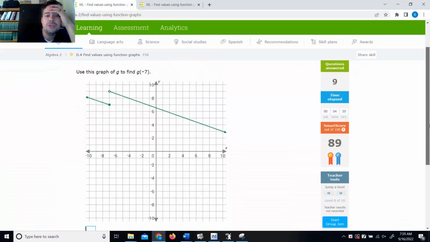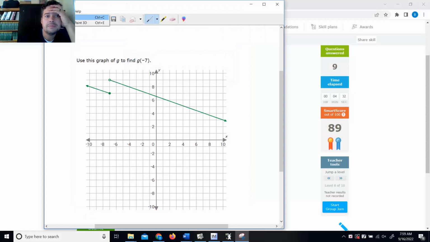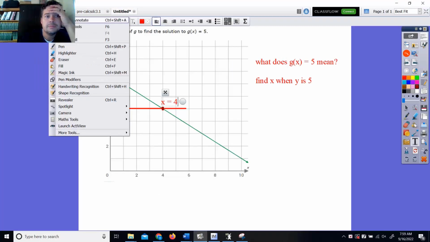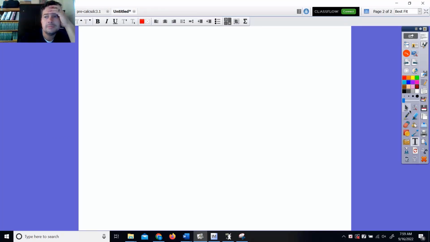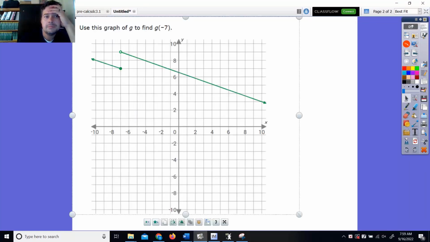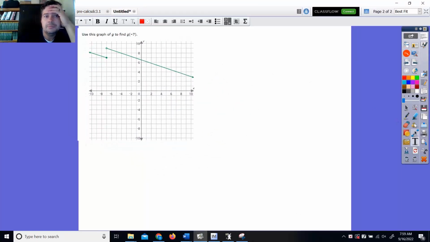More piecewise. g of negative 7. Which one is it? Well, all right, let's talk about this one. So g of negative 7.